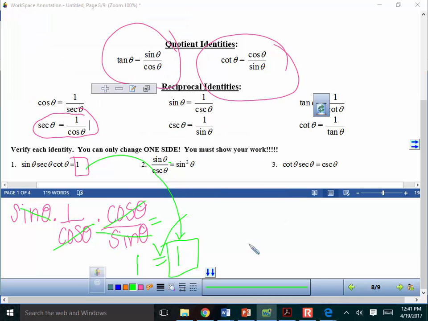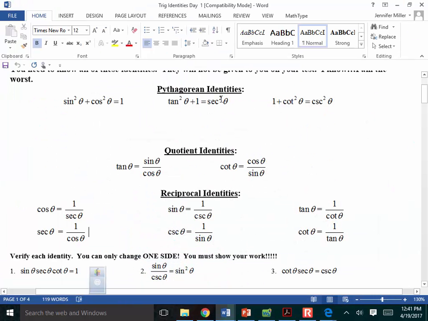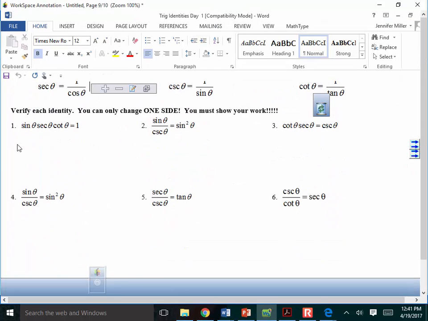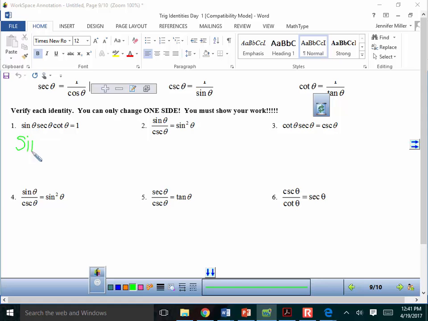So we're going to do this again, except we're going to see what happens when we use 1 over the tangent. Then we'd have sine of theta times 1 over the cosine of theta, and then we'd multiply this by 1 over the tangent of theta.